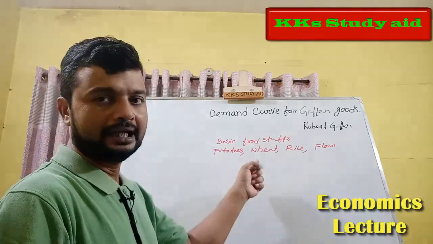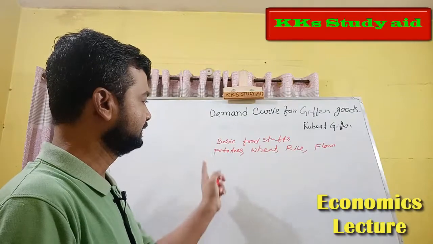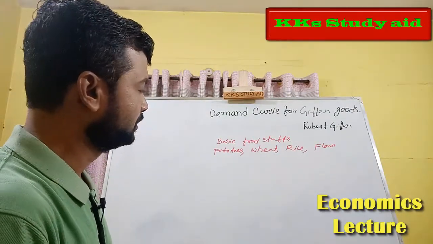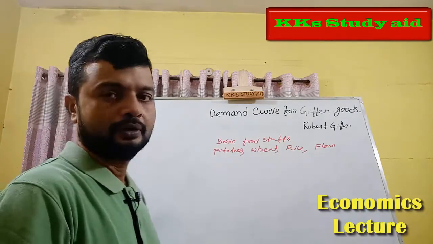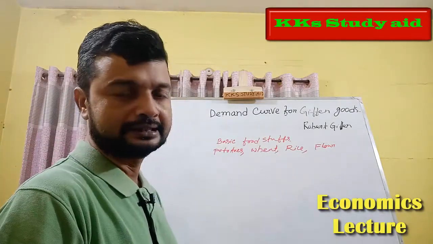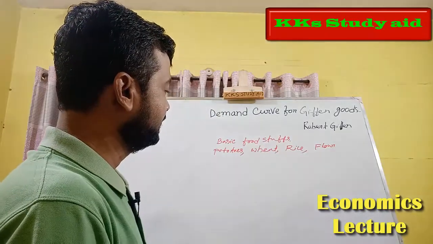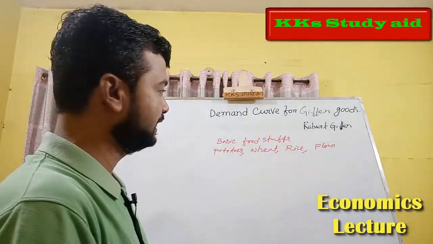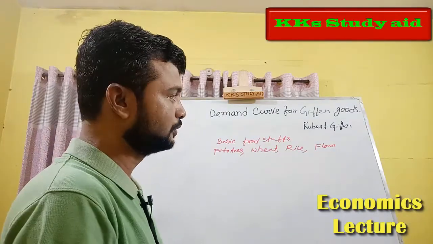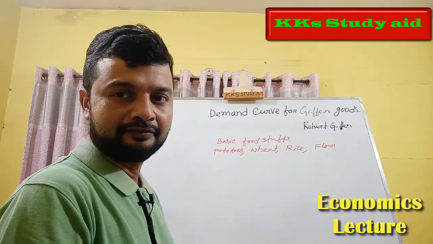These are highly inferior goods and low income goods, because the poor people, the people who have very low income, will purchase this type of goods. Another characteristic of Giffen goods is that there are very few substitutes for these Giffen goods.